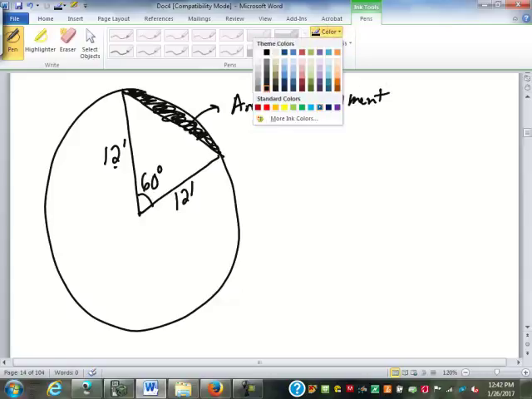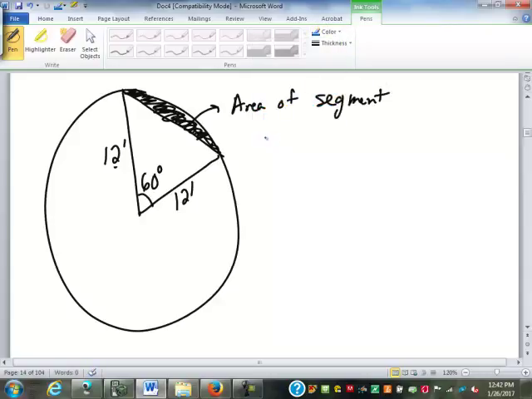Now, I will give you a hint. Step one is to find the area of the sector. Remember, the sector is that whole pie wedge.